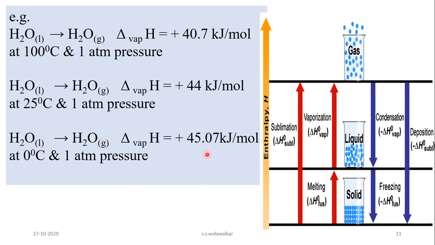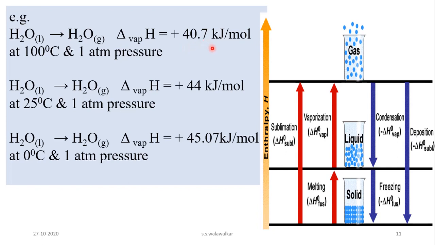So enthalpy of vaporization is more, and the reverse of vaporization is condensation. See here, when liquid water is converted into gaseous water, that process is called vaporization, and delta H is positive. And when the gas gets condensed and converted into liquid, that process is called condensation, and delta H is negative. So the enthalpy of condensation of water at 100 degrees Celsius is equal to how much?